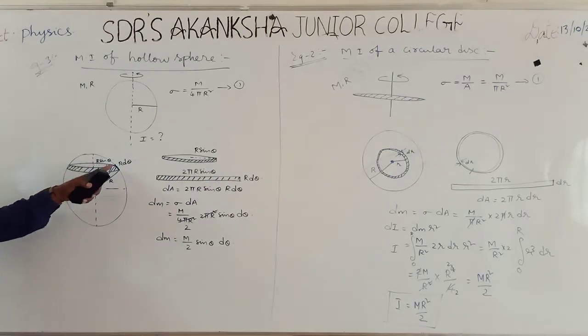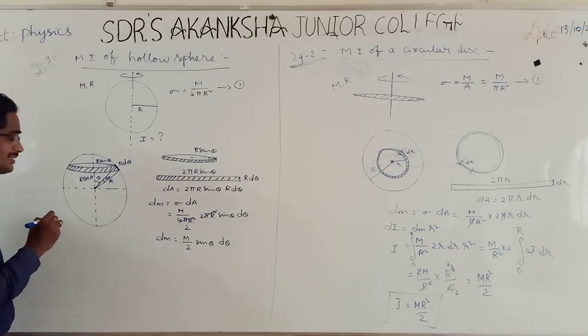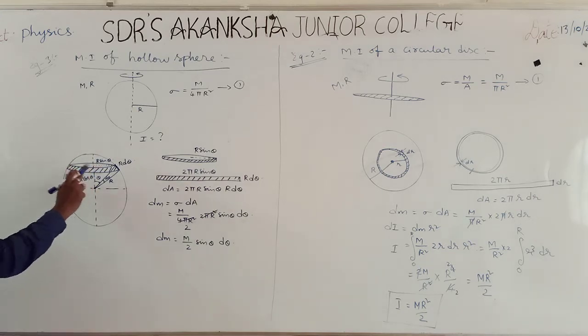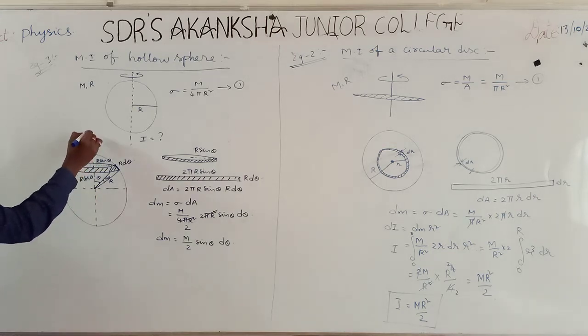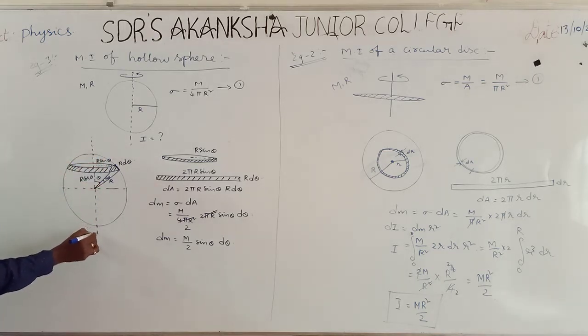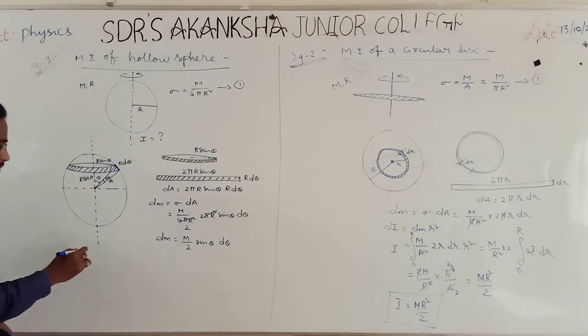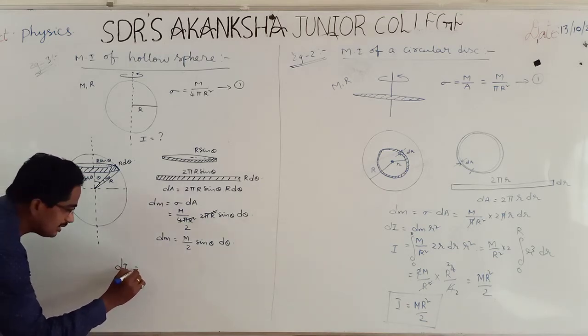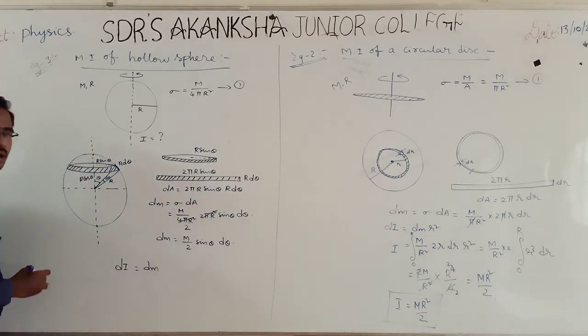After applying that mass of this elemental ring, what is its moment of inertia? This ring is rotating about its diameter, which is the axis of rotation. Whenever a ring is rotating about its own axis, the moment of inertia is dm into radius square.